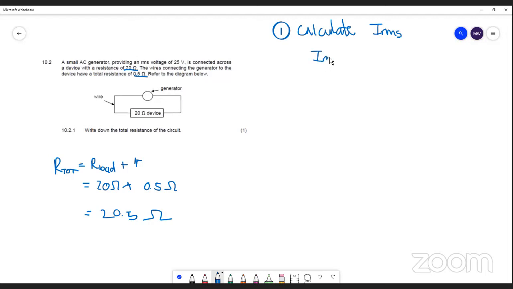So my IRMS is equal to my VRMS over my total resistance. They told you that you've got an RMS voltage of 25 volts, so it's 25 divided by 20.5, which we just worked out. That gives 1.2195. If I round that off, I get 1.22 amps.